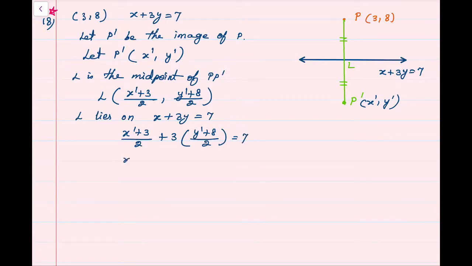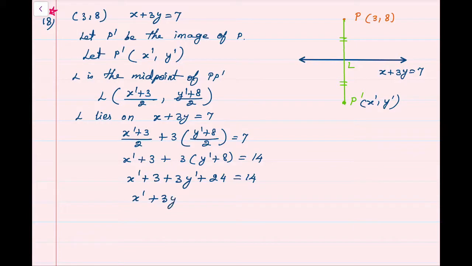We will multiply by 2. x' + 3 + 3(y' + 8) is equal to 2 times 7, which is 14. x' + 3y' + 27 is 14, so x' + 3y' is 14 - 27, which is -13. This is our first equation.